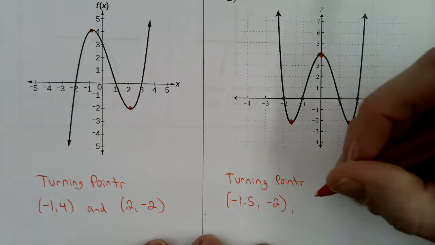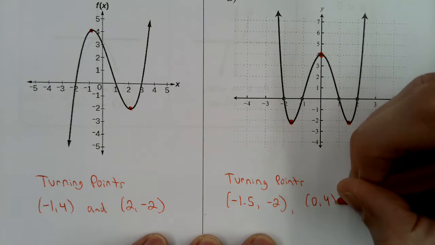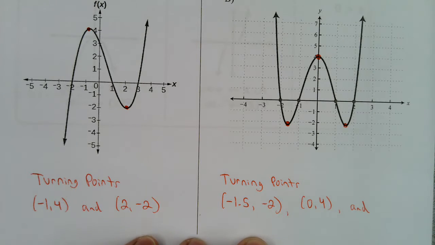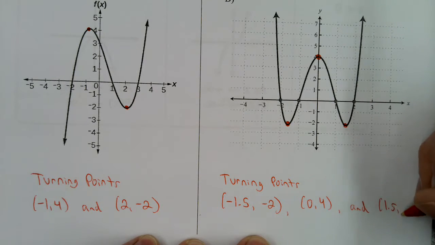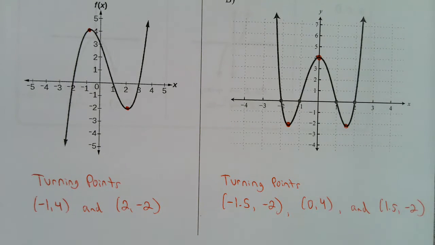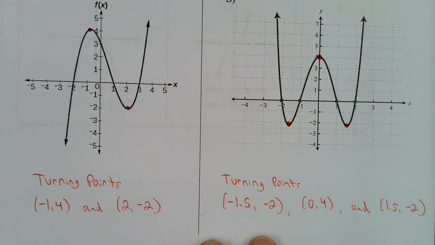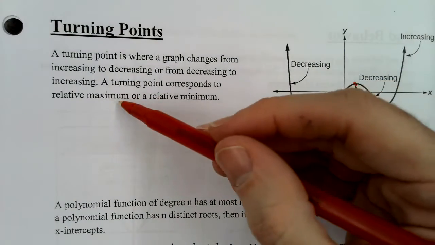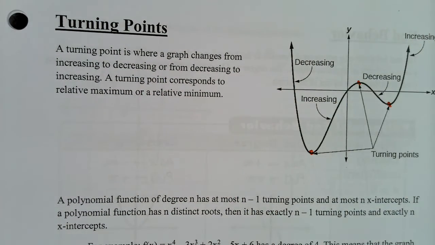Then you have 0, 4. And finally, it looks like 1.5, negative 2. So that's turning points. We'll talk about maximum and minimum next time.